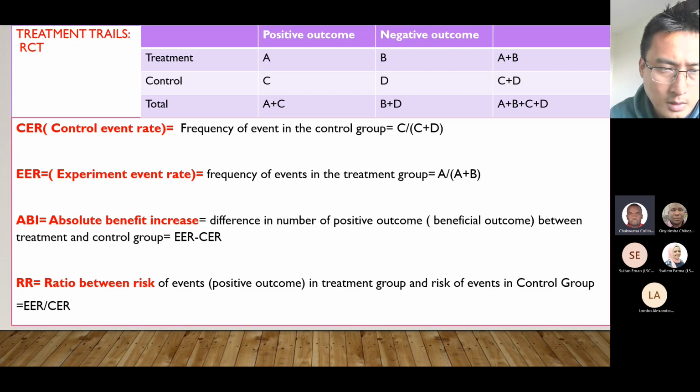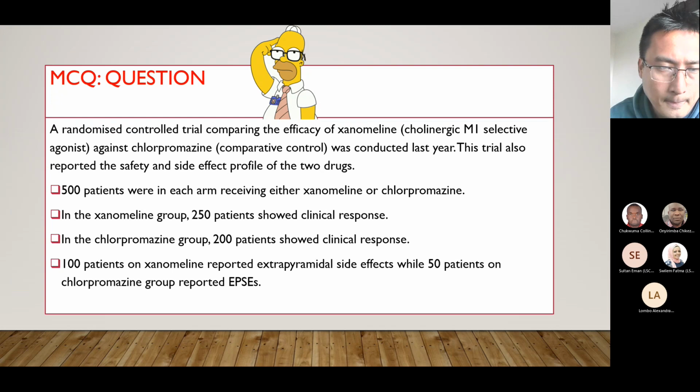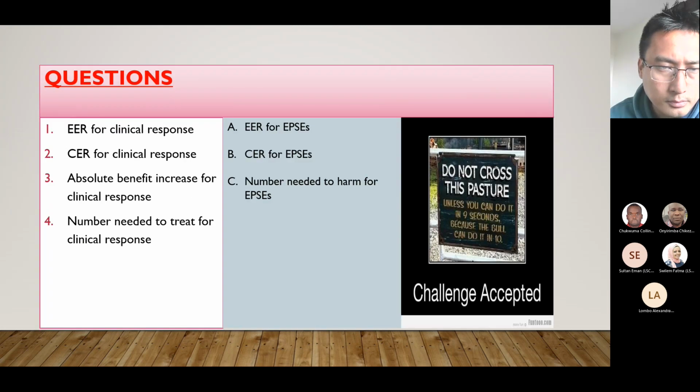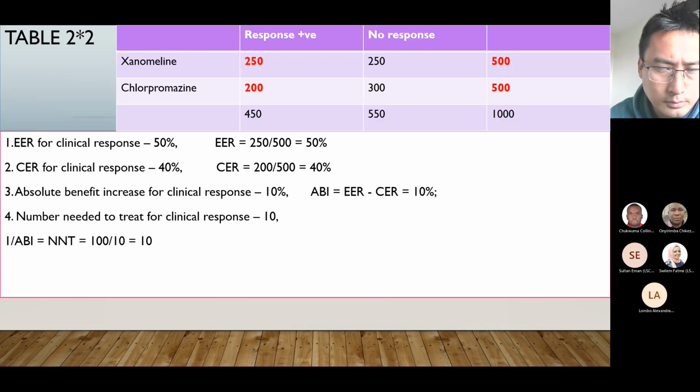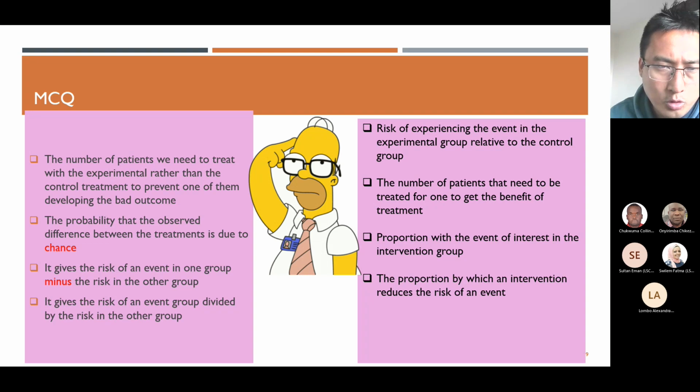For RCT it is a ratio between the risks. Relative risk is more with cohort study. Okay, thanks. And I think this is the last slide we have. One we'll do with a forest plot.